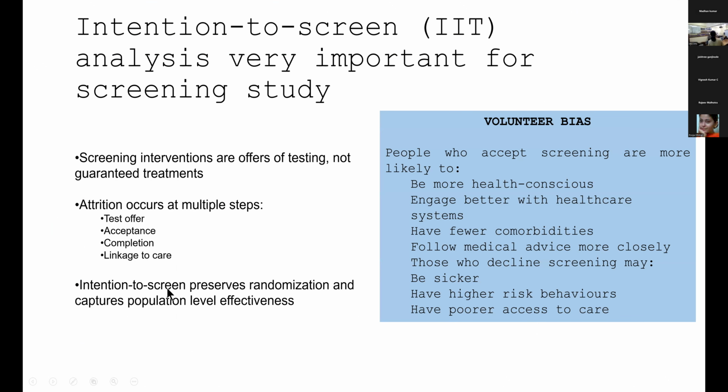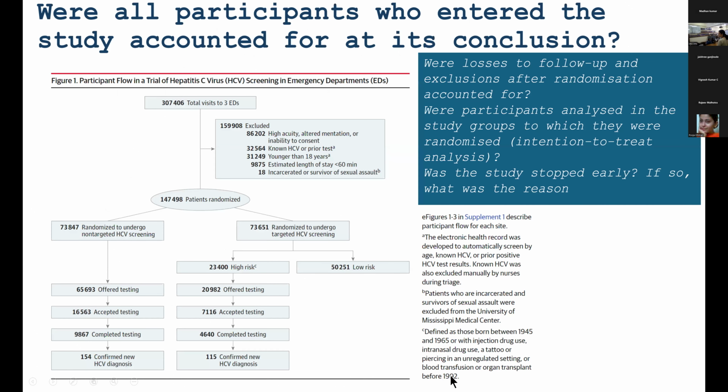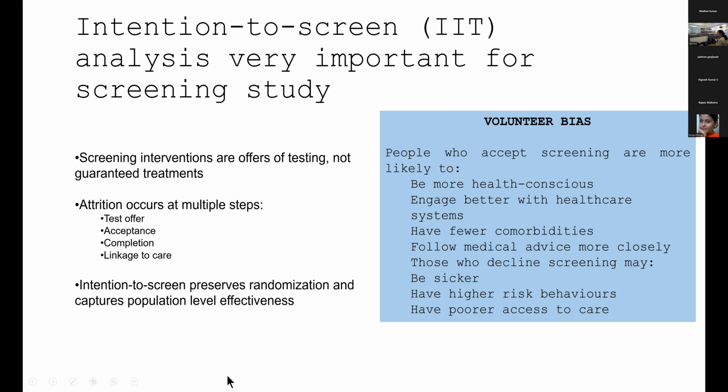Whereas the person who refuses might truly be the one with higher risk and poorer access to healthcare. So there's definitely volunteer bias when you rely on willingness to do the test. Also, you need to capture population-level effectiveness because screening is at a population level. If you looked at only 9,000 and 4,000, you would miss the huge 73,000 patient population and the data on them.